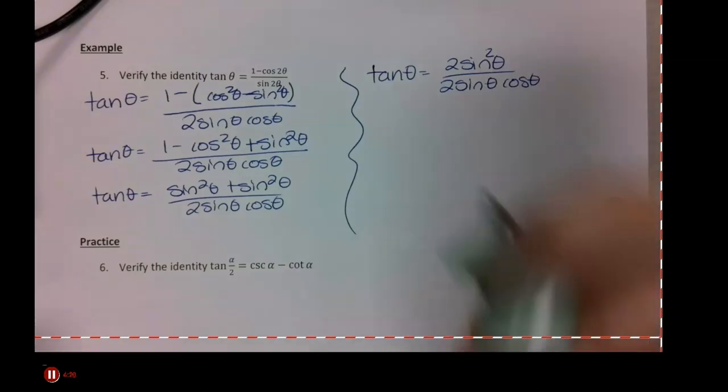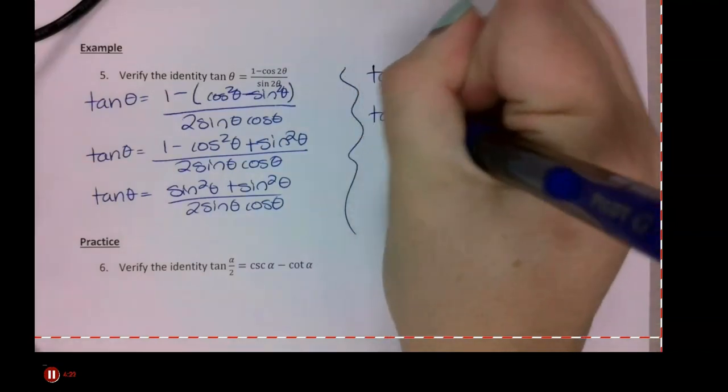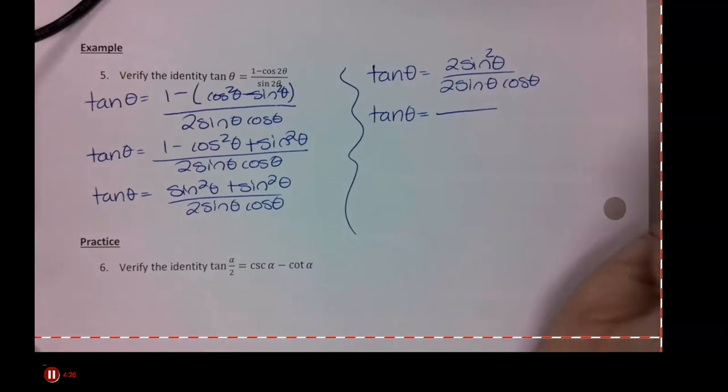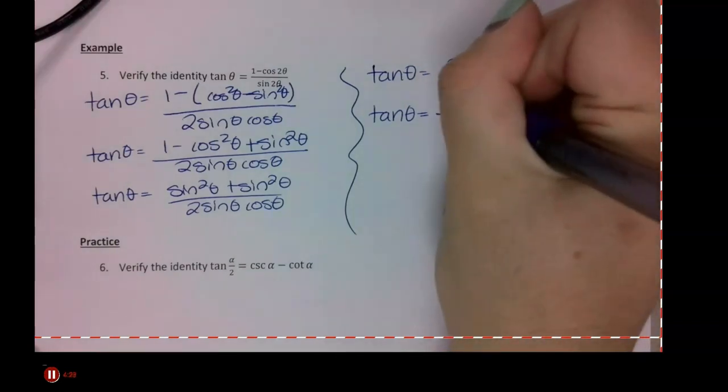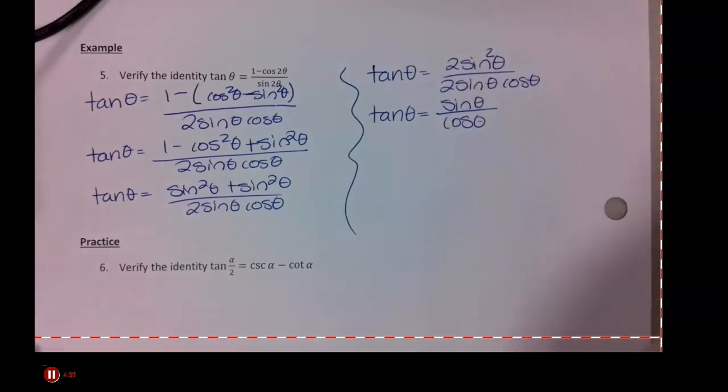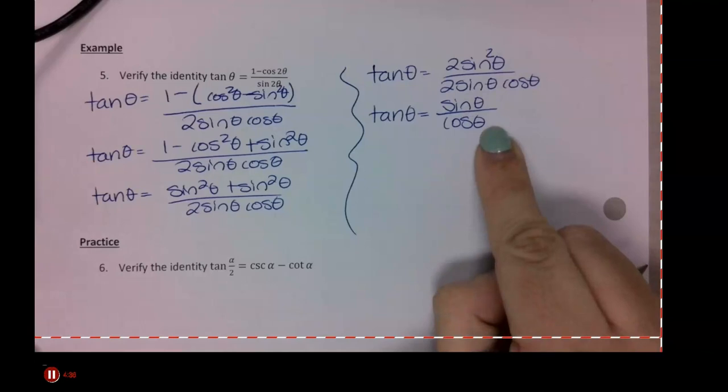Anything else I can get rid of at the same time? Yeah. So then what am I left with on my numerator? Yep. Sine on top, cosine on bottom. And then remember, this ratio is tangent.